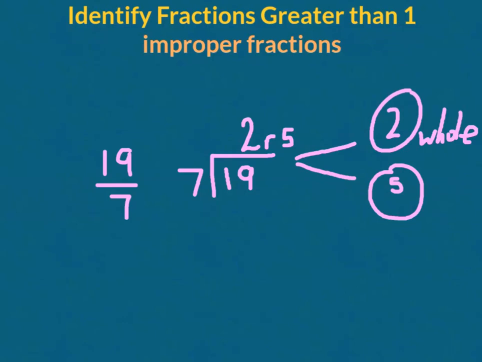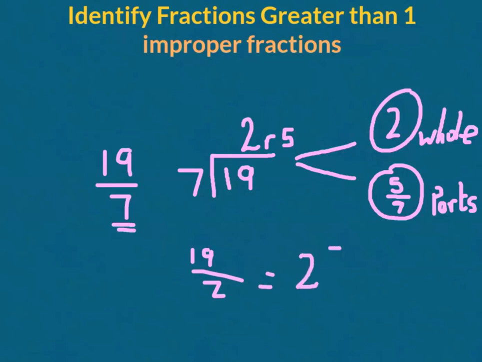That's 2 wholes and a remainder of 5 parts of 7. That's the bit we've got to be really careful of. We must remember that the denominator will still be that 7. So 19 sevenths equals 2 5/7.